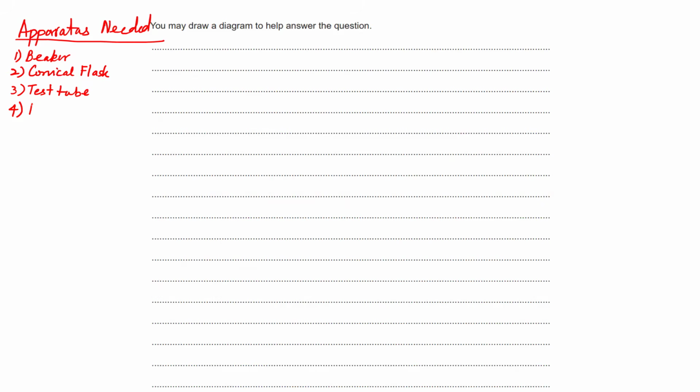You can have petri dish, heating, thermometer, temperature measurement. What else? You need filter papers. You need a Bunsen burner. You need a burner. And you're also checking the purity. So you need equipment for melting point measurements.